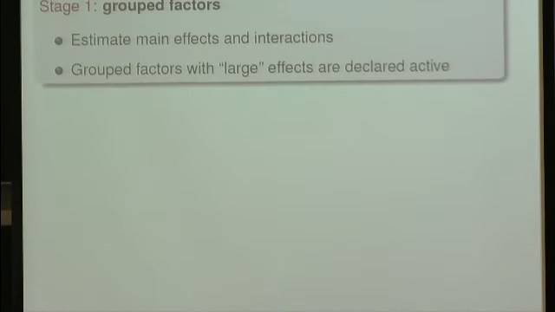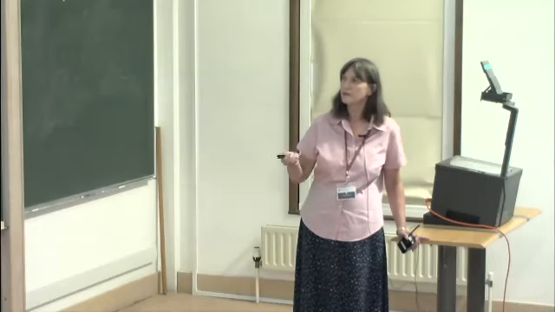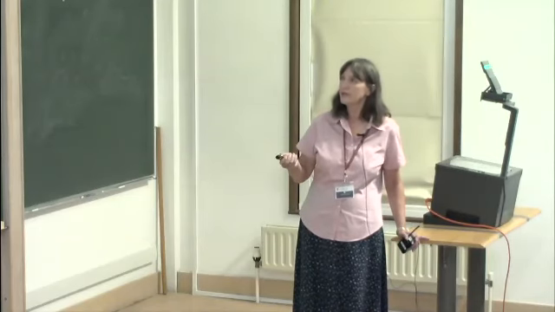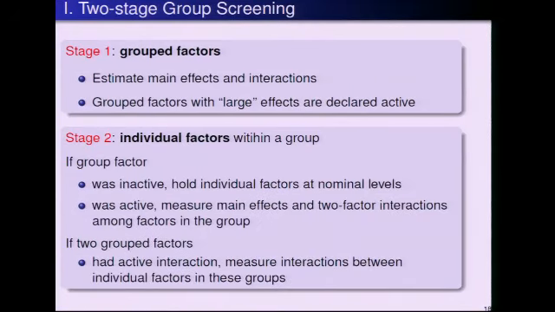Okay, so here's the procedure again in a little more detail. With the group factors, we're going to estimate the main effects and the interactions between those grouped factors. We're going to pick out the ones with the large effects, and we've got to talk about the analysis method in a minute. We declare those group factors to be active. And then if a group factor was inactive, then those individual factors will be held at nominal levels at stage 2.